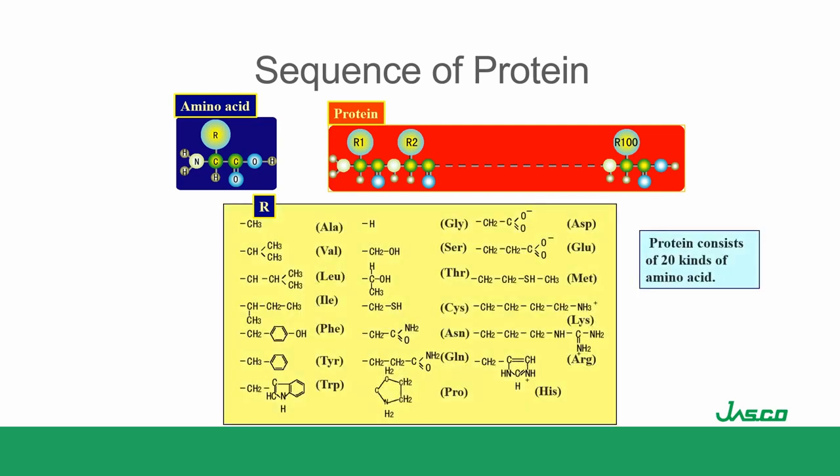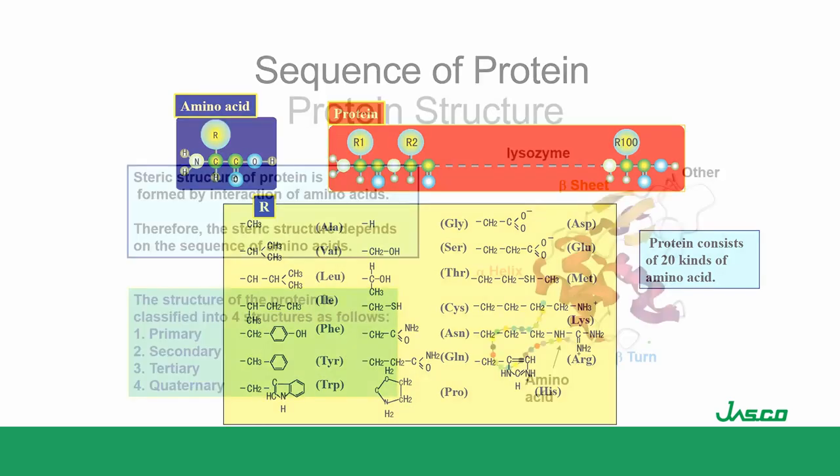There are currently 20 studied amino acids that can be combined to make a protein, and the sequence is going to determine that protein's unique three-dimensional structure, and therefore its function.